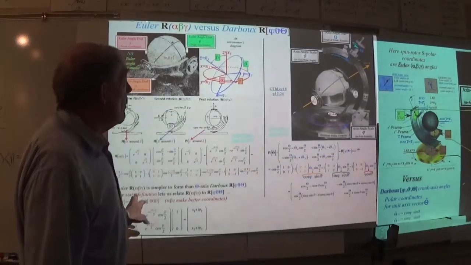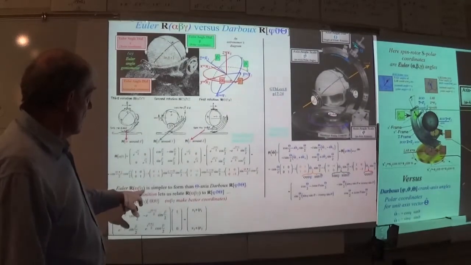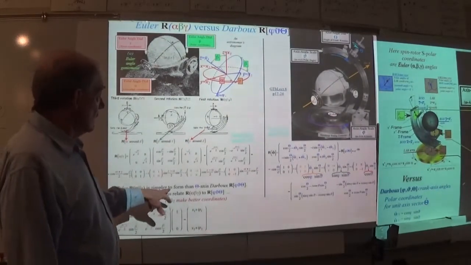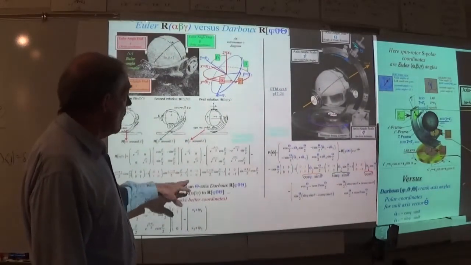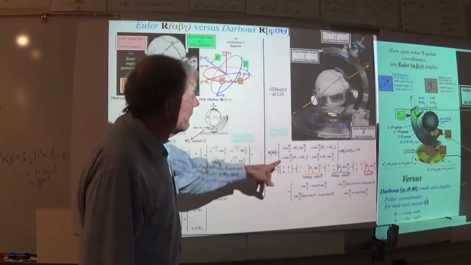Now the real point of this slide is that the Euler description, the Euler angles, are simpler to form. That is, this is usually a simpler matrix to get than that one.